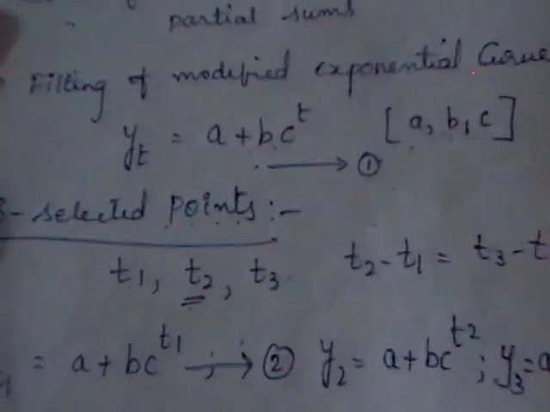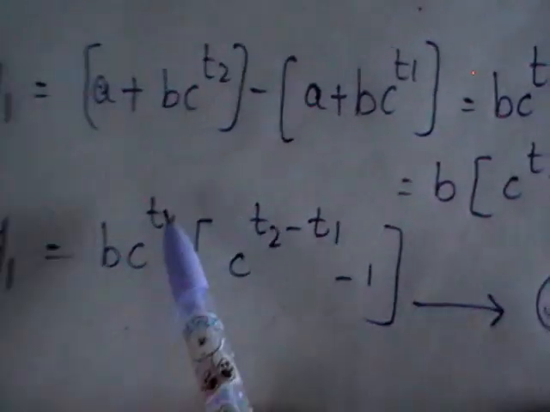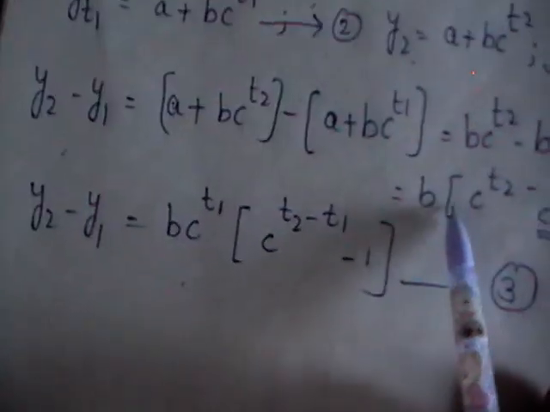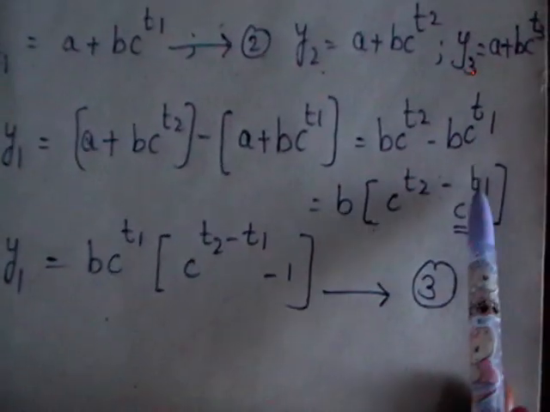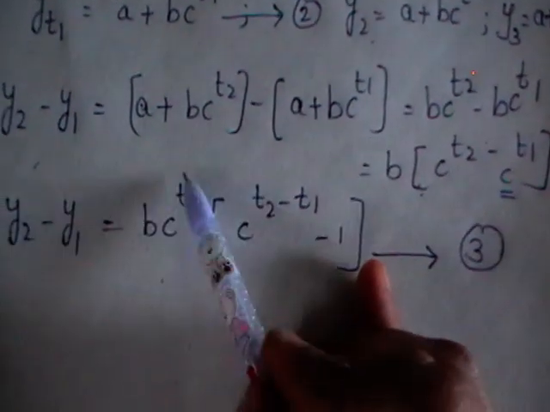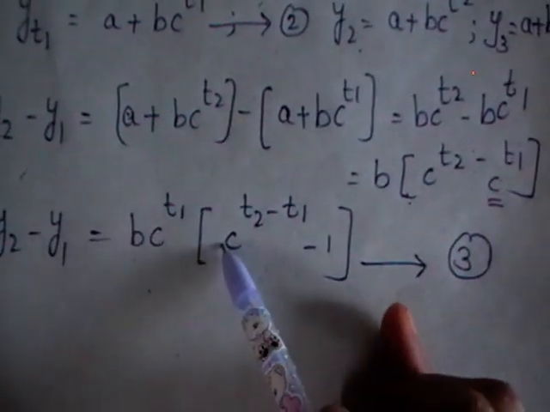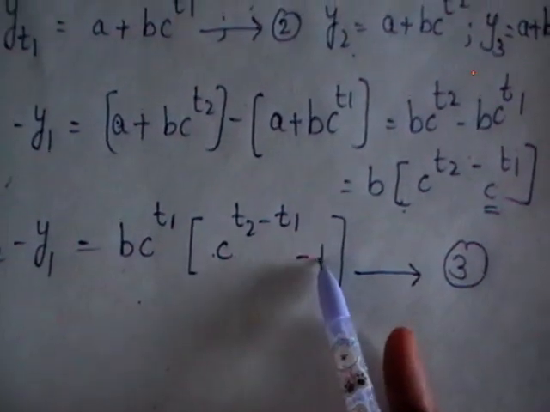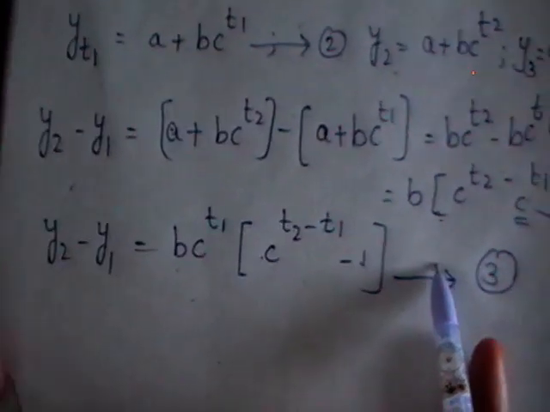We have simplified in such a way that b into c power t2 minus c power t1, the second term is taken common.